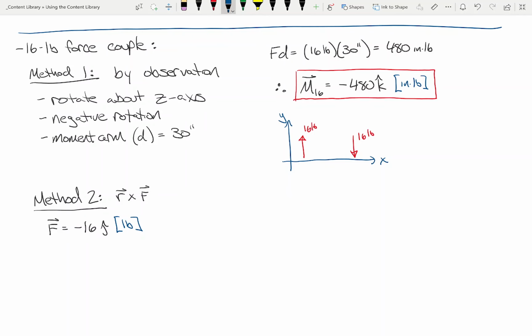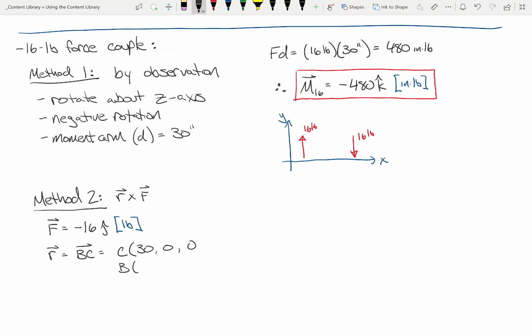What about R? Okay, R is going to be the BC vector, right? From B to C, right? And so how do we do that? We take C and B. The coordinates of C are 30, 0, 0.